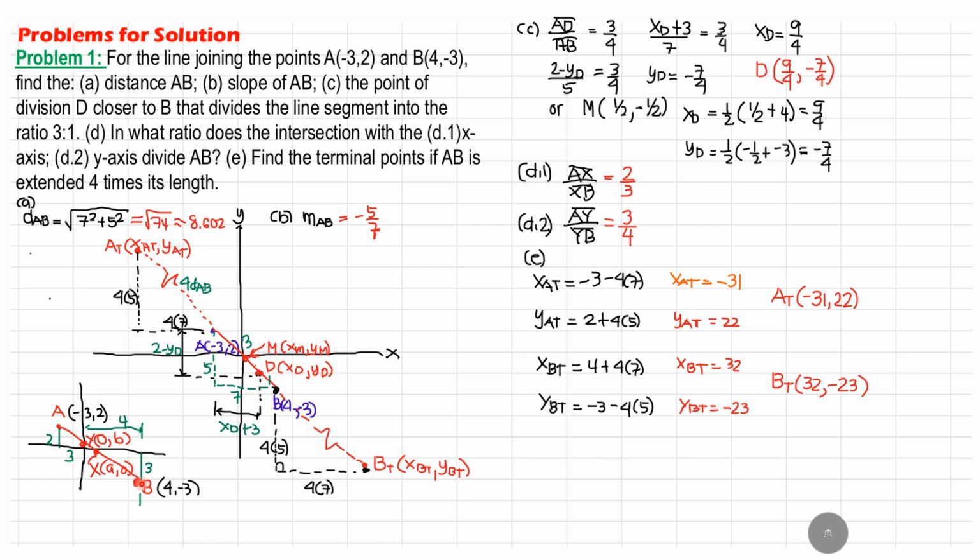There's no need to apply anything like here. We just simply consider the equal parts because this angle and that angle are equal. So AX to XB is 2 parts to 3.